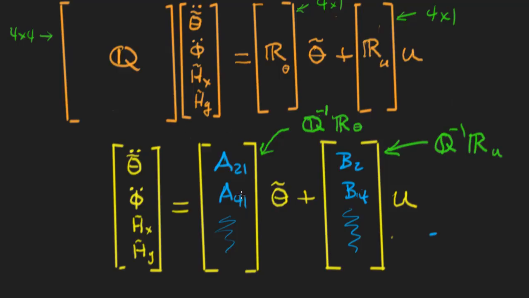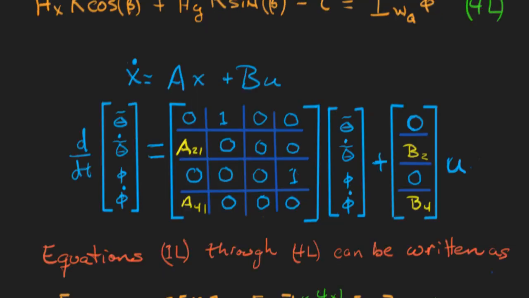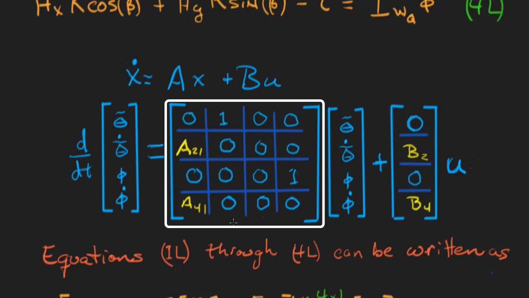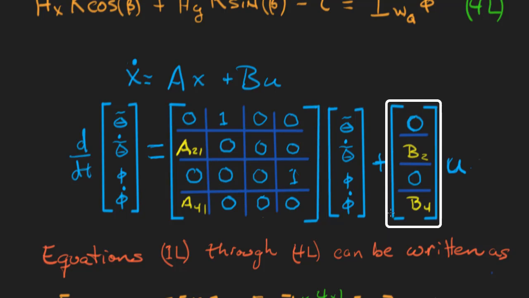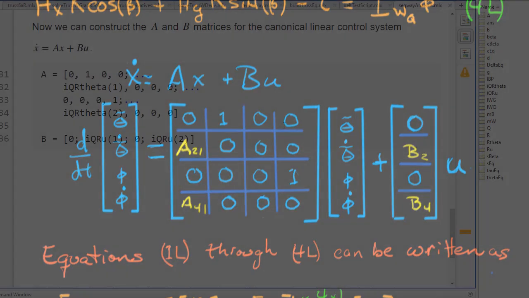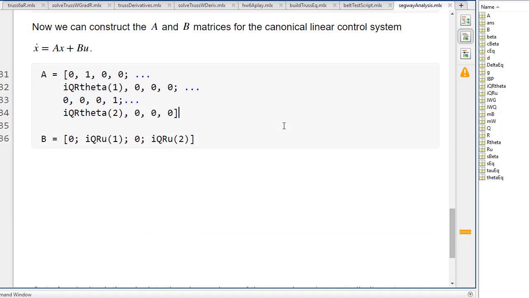So after multiplying these two matrices out, now it's time to construct the canonical linear control system, x dot equals Ax plus Bu, where the A is this matrix right here with these special coefficients that we just calculated, and the B is right there. And let's go ahead and fill those out. At this stage, constructing the A and B matrices is really a matter of following the recipe that was outlined before.